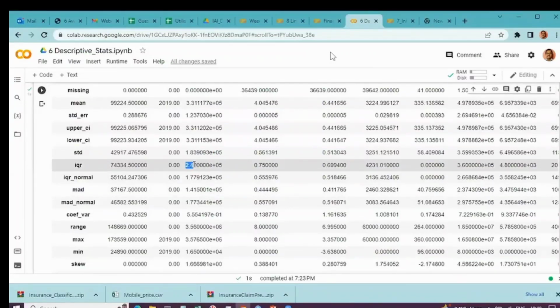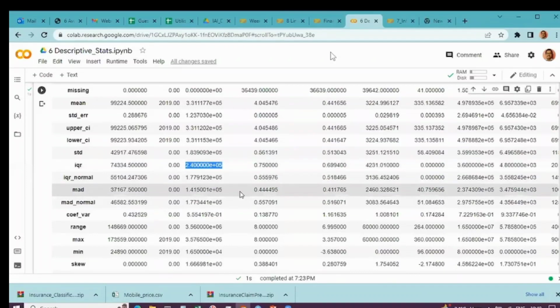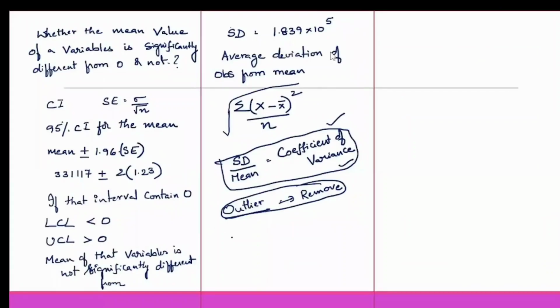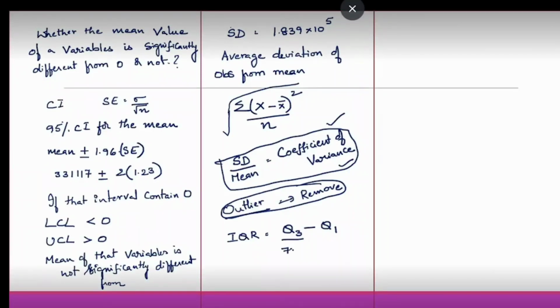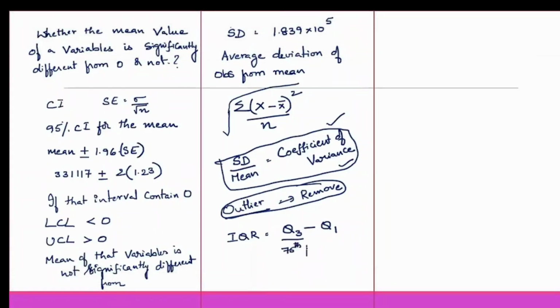Then you look at the interquartile range. Interquartile range is typically computed as the third quartile observation minus the first quartile observation. The third quartile is nothing but the 75th percentile of the data, and the first quartile is nothing but the 25th percentile of the data.